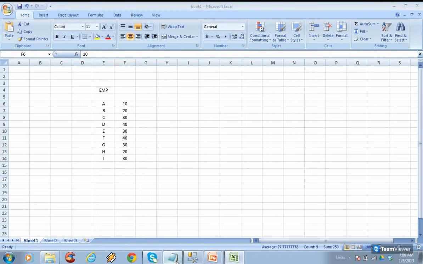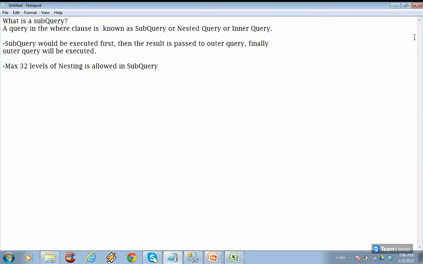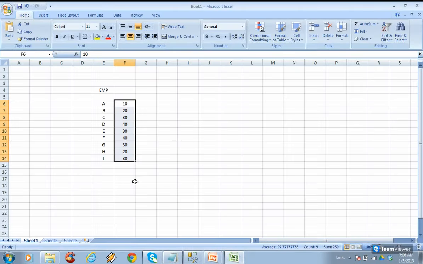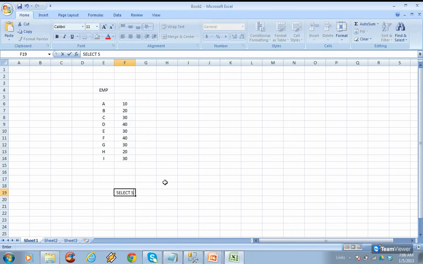Yes, you can write a query like this. So how can you write it? Select the balance column from employee, order by balance descending.